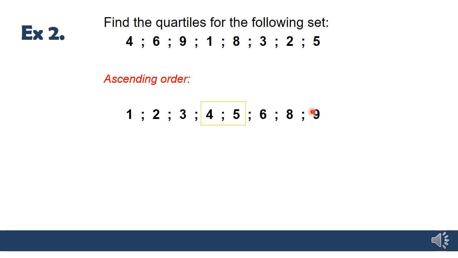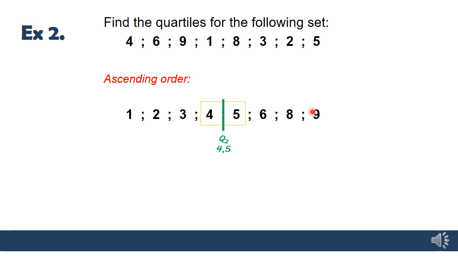So when I have two middle values, I need to take the average between them. So the middle value here is going to be 4.5. And if you're not sure how I got that, refer to yesterday's video. So my quartile 2, or the median, is 4.5.